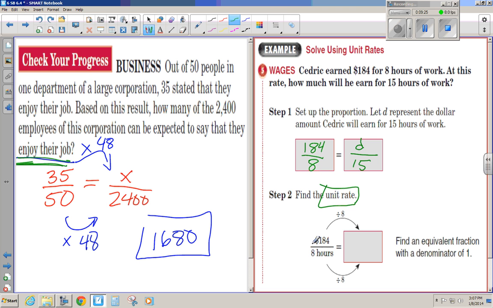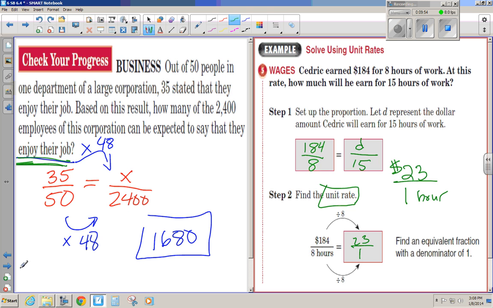So if you look at the denominator there, it is an 8. We have to divide by 8 to make the denominator 1. We divide by 8 in the numerator and get 23. So it means that this person is making $23 per 1 hour.